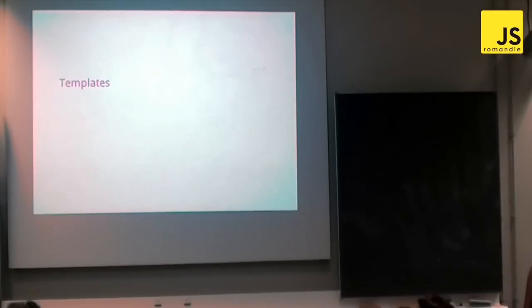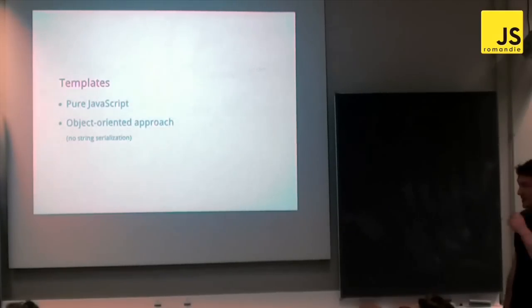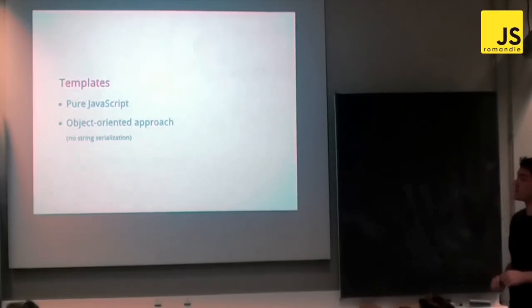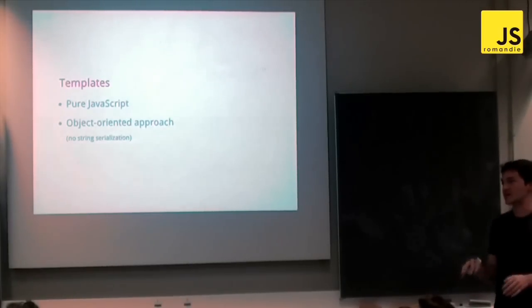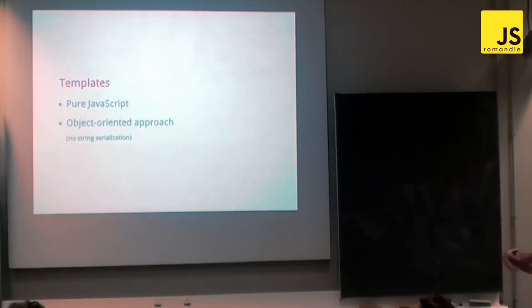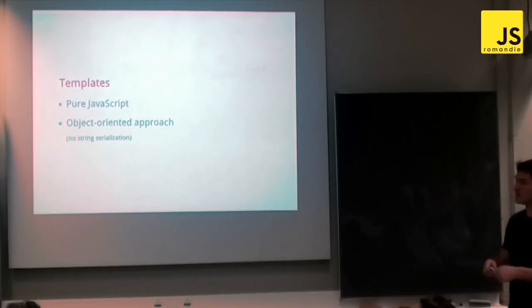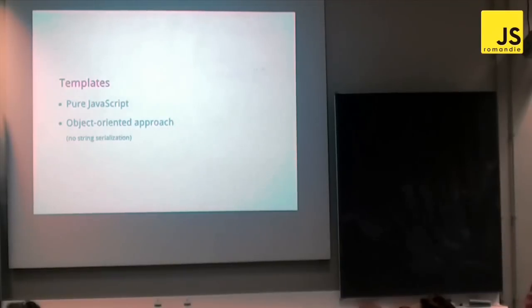Templates have also been done in a not-so-conventional way, because templates are pure JavaScript, and it's an object-oriented approach. The common approach derives from the server-side tradition that we make an HTML string and then we do innerHTML into the DOM.